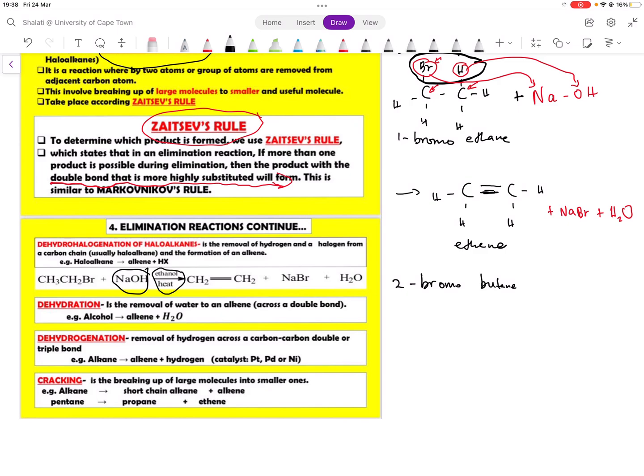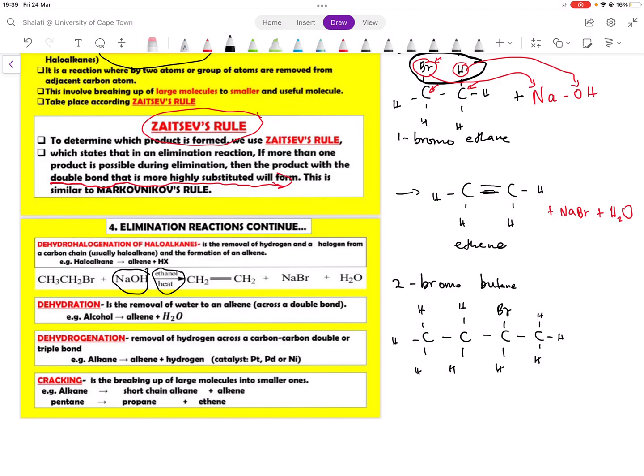So let's see what's going to happen here. 2-bromobutane, I'm going to draw it. We have 1, 2, 3, 4 carbons, and at number 2 I have a bromo, then hydrogen, hydrogen, hydrogen, like that.